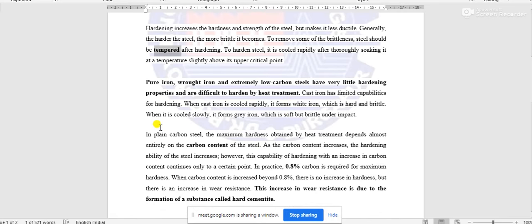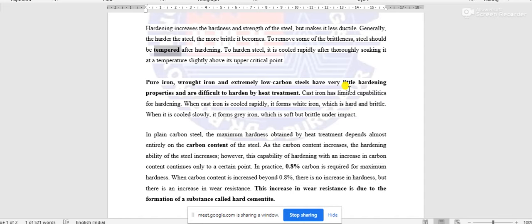Now, in the second paragraph, I have just discussed that the heat treatment of hardening may be used only for steel or carbon steel, because pure iron, wrought iron, or very low carbon steel, where the amount of carbon is very less, that is 0.1% to maybe 0.2%, called low carbon steel, have little or no hardening capability.